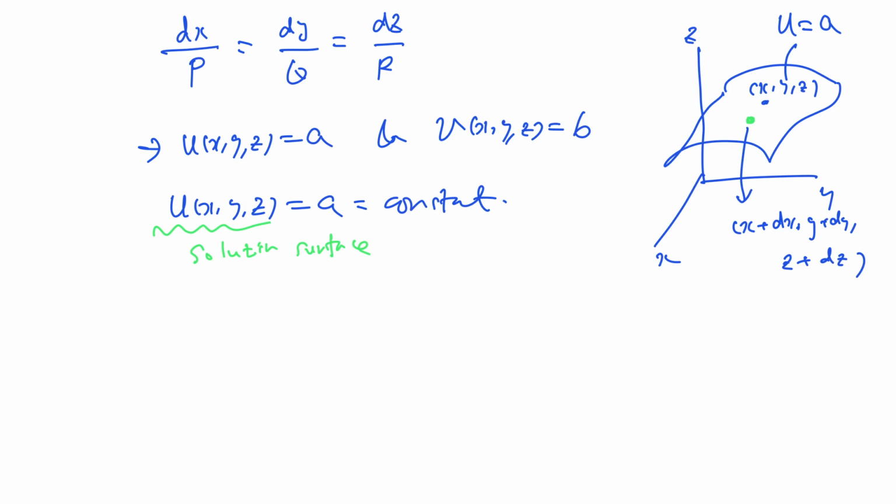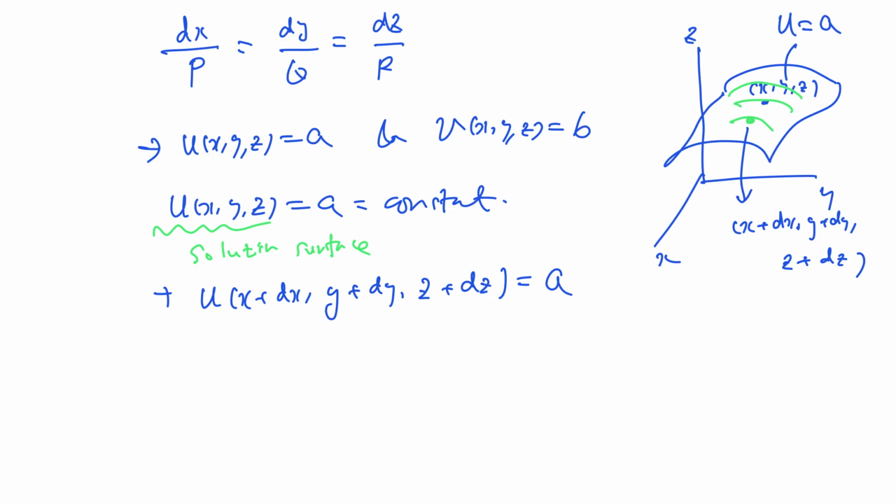How about at this point? u(x plus dx, y plus dy, z plus dz). Still u is constant, right? So u should be a. That is u(x plus dx, y plus dy, z plus dz) is also a, right? Because u(x, y, z) is a solution surface. Either this point or that point, this equation should be the same.